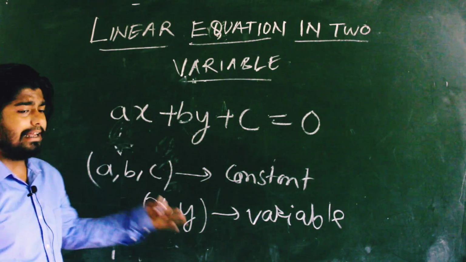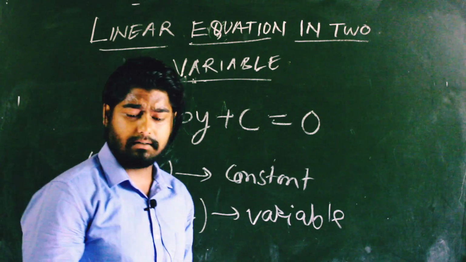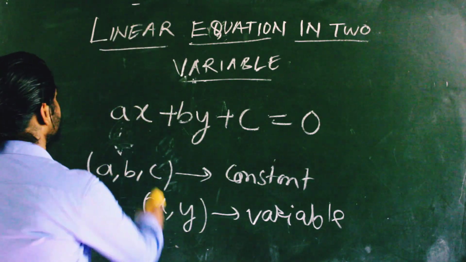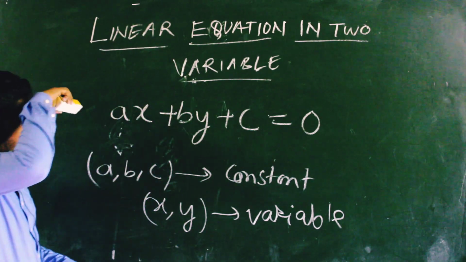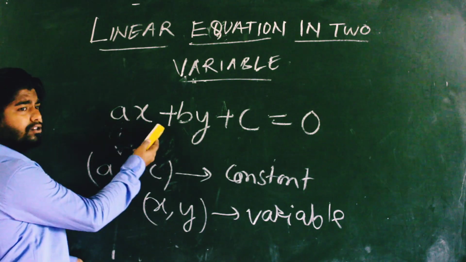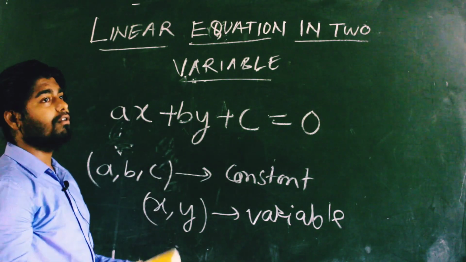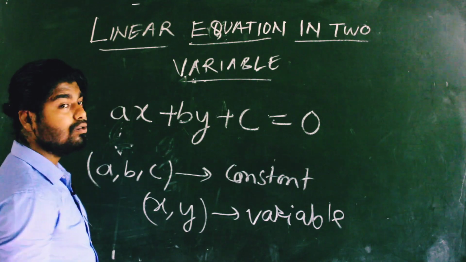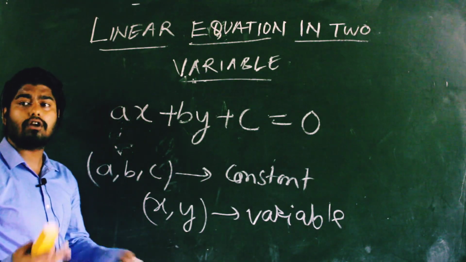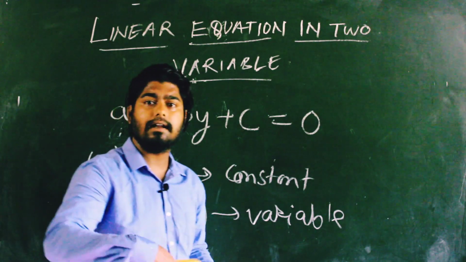For 2D graphs, you will have to know two different equations. We can draw this one also in 2D, but in your class 10 syllabus, you will get two equations, and you have to solve them by different methods, which we will learn in the later chapters.